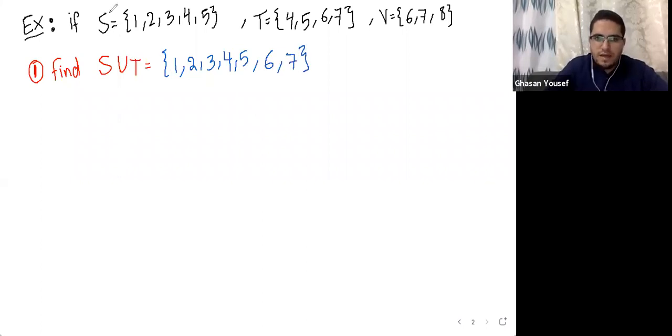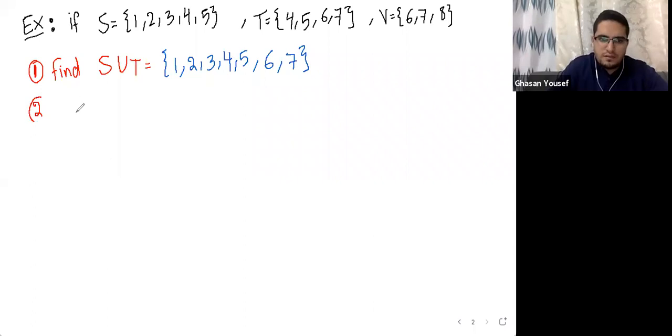So this is the union of S and T. So you have to put all elements of S, then you have to put all the elements in T, but if there is a common one between both of them, you don't have to write it again. For example, the 4 we wrote down, you don't have to write 4 again.